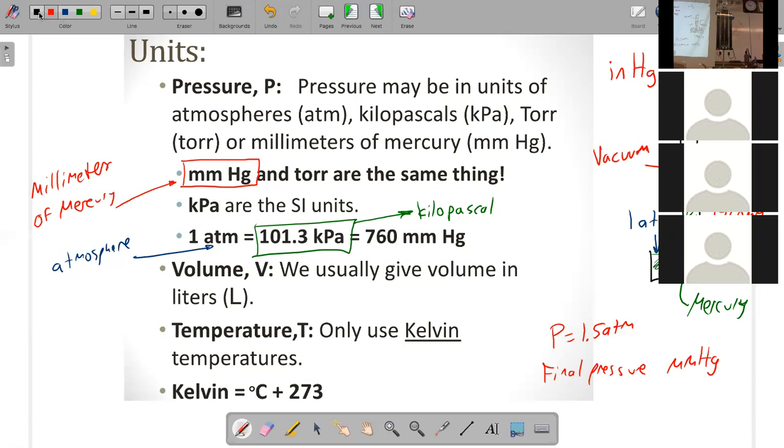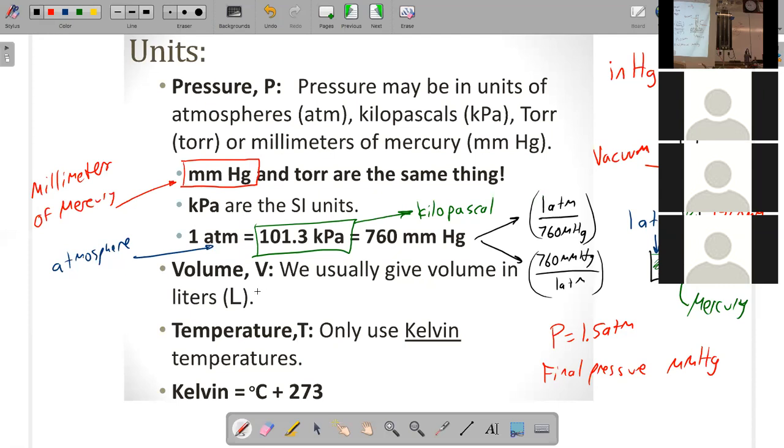If you want to relate atmospheres to millimeters of mercury, there are one of 2 conversion factors, because in conversion factors, the value in the numerator and denominator are the same. So you can write an atmosphere over 760 millimeters of mercury, or you could also write 760 millimeters of mercury over 1 atmosphere. I'll show you in examples why and how you'd have to do that.